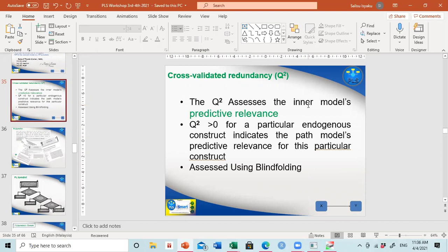Q square greater than 0 for a particular endogenous construct indicates that the path model's predictive relevance for this particular construct is okay. Then we can assess it using blindfolding. We've done that already. So that's it.